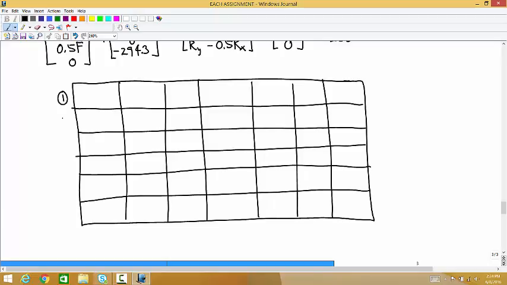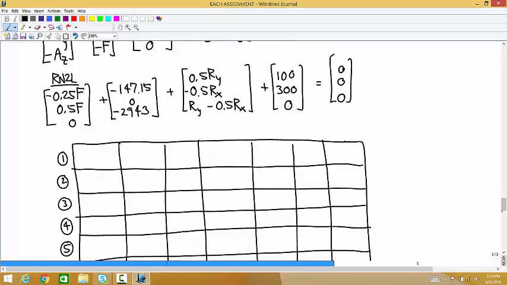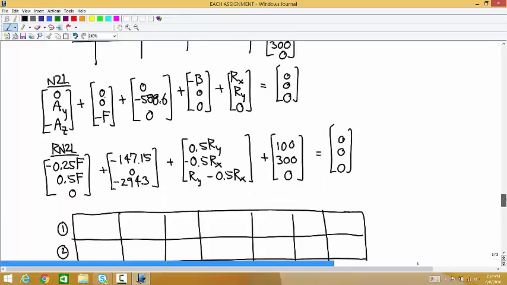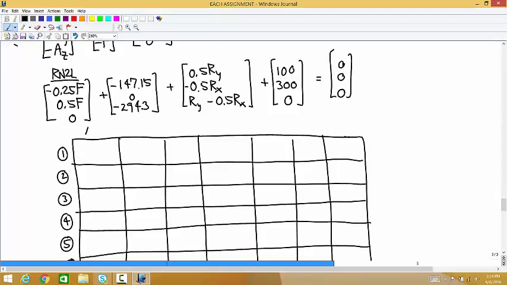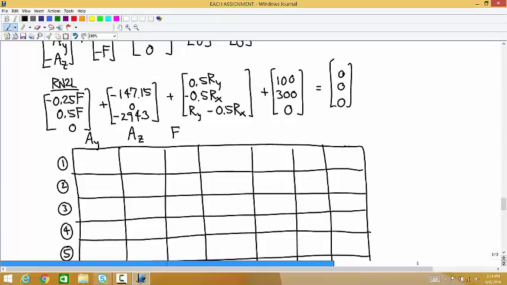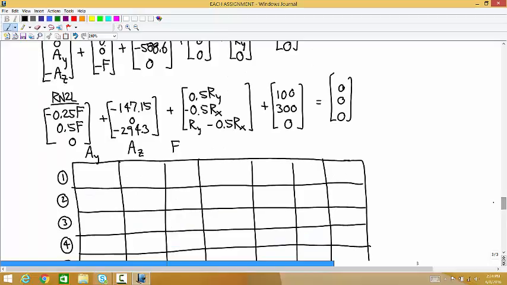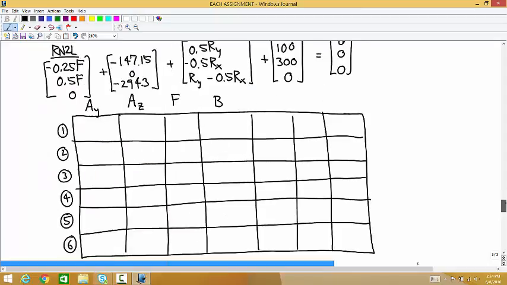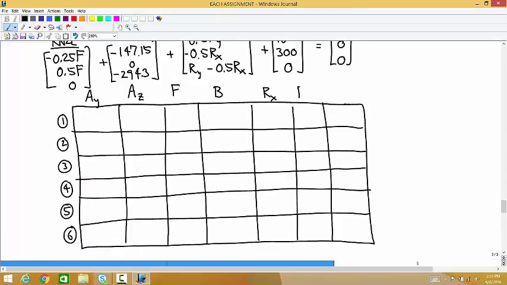There's equation 1, 2, 3, 4, 5, 6. And the variables are Ay, Az, F, B, Rx, and Ry, and then the constants in the 7th column.